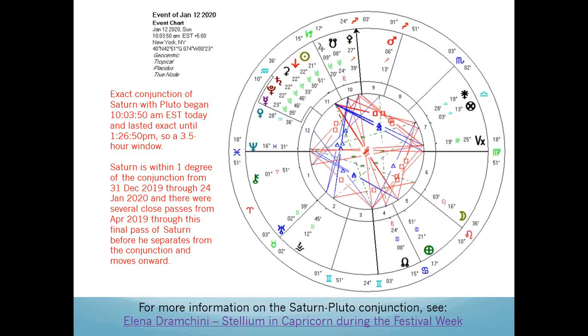A stellium is 2 or more planets in the same sign, opposite Capricorn. If you look at the degrees, the Sun probably yesterday was at 20 degrees, Vulcan at 22, Saturn at 22, and so on. So it's opposite that moon, which intensified all that energy in Capricorn.